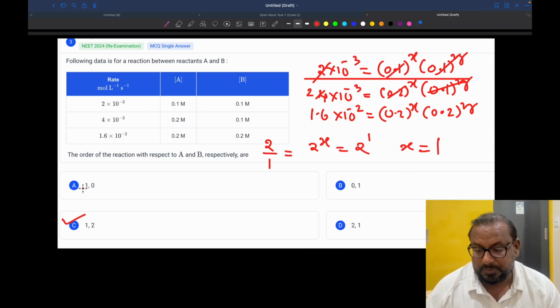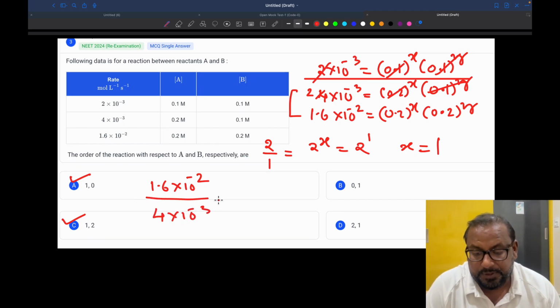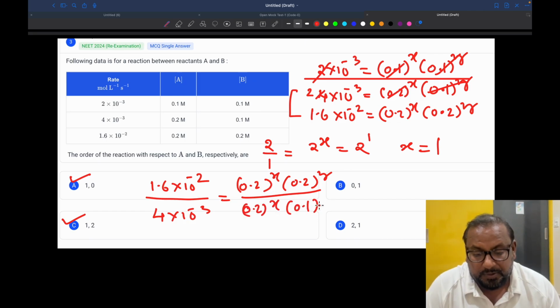There are 2 unknowns, so we have to solve for y also. So what do we do here? 1.6 into 10 power minus 2 divided by 4 into 10 power minus 3 equals 0.2 power x into 0.2 power y divided by 0.2 power x into 0.1 power y.